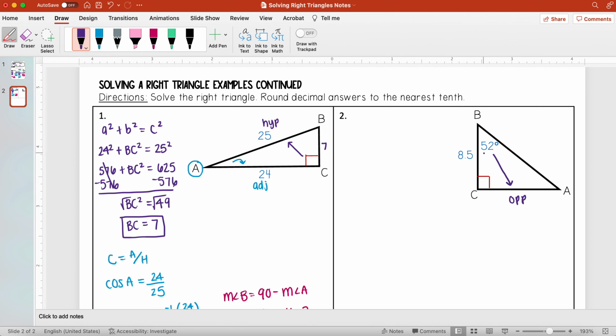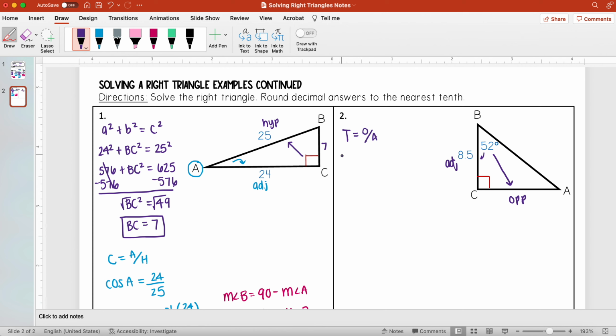And then my 8.5 is my adjacent, and that's because it's not my hypotenuse. I know my hypotenuse is across from my right angle. And so the trig ratio that uses opposite over adjacent is the TOA in my SOHCAHTOA, and so that's tangent.